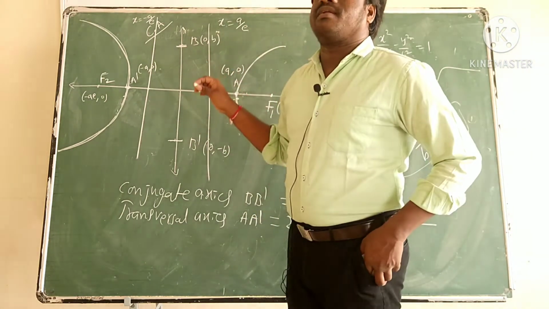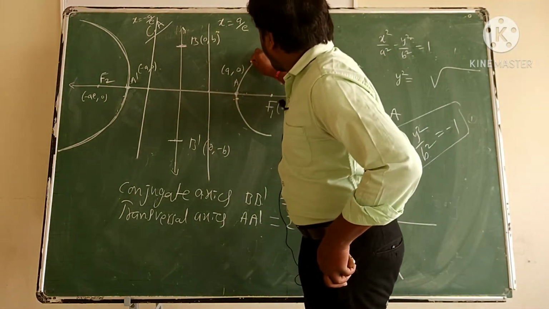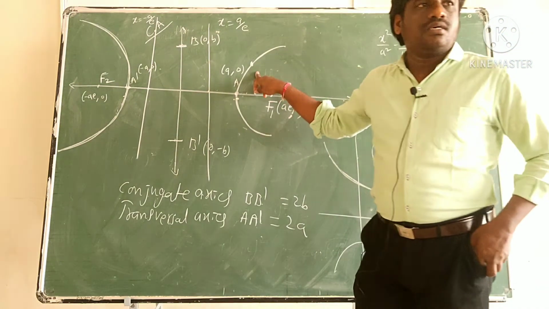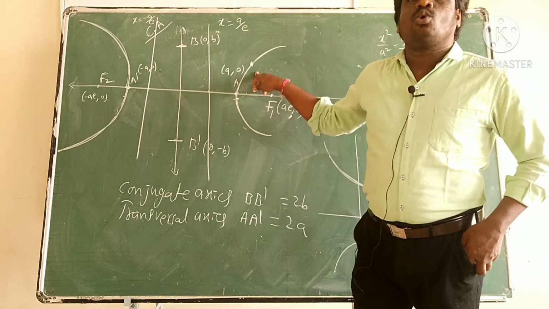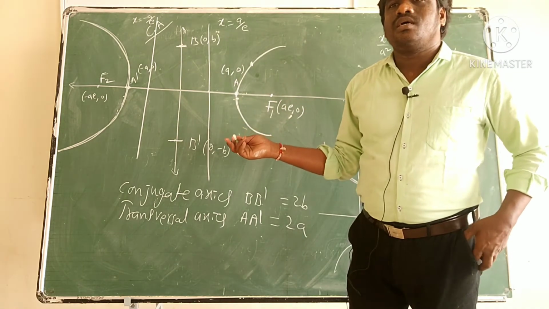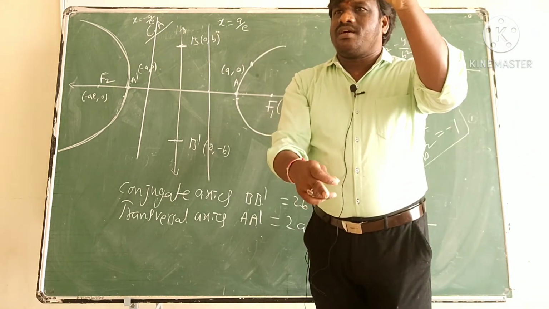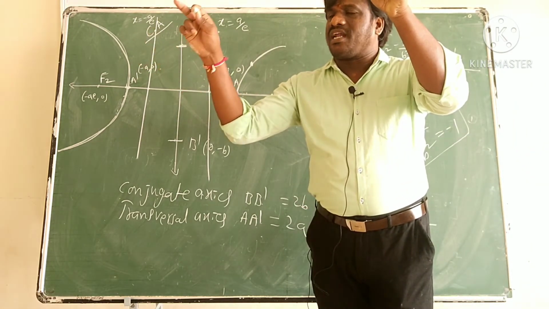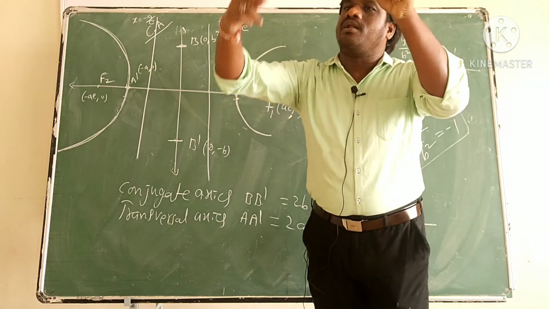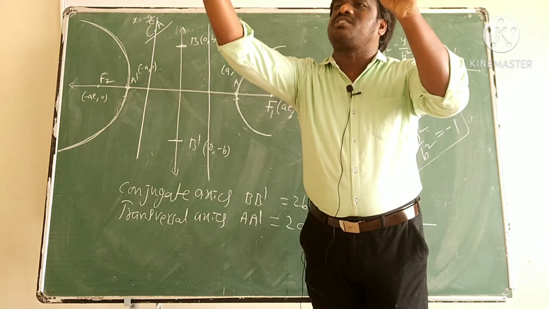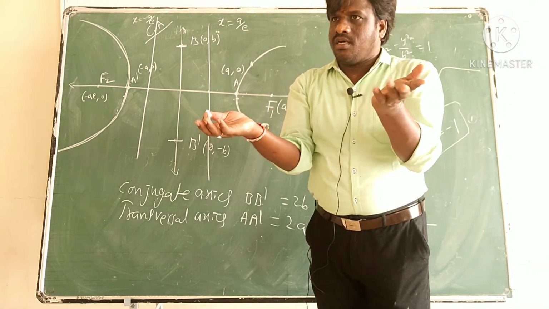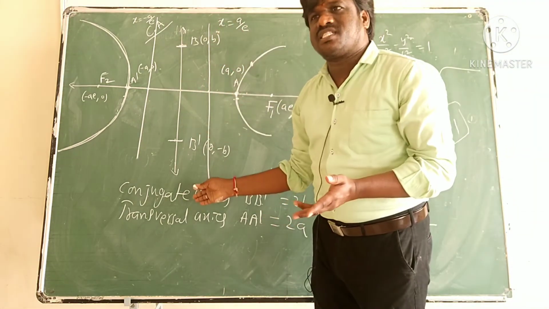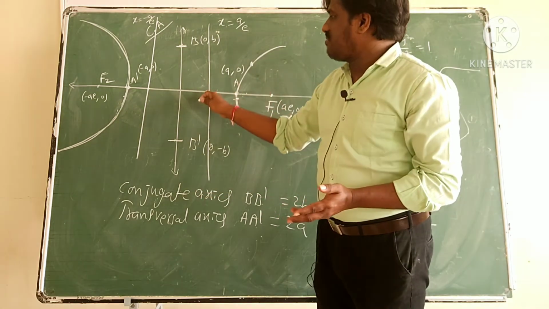Why do we have this? If I take any point on this hyperbola, listen to me. You know the conic section definition: one fixed line and one fixed point will be there, and a movable point moving according to this forms the conic section. So you should have one fixed line, and the fixed line for this one is this.